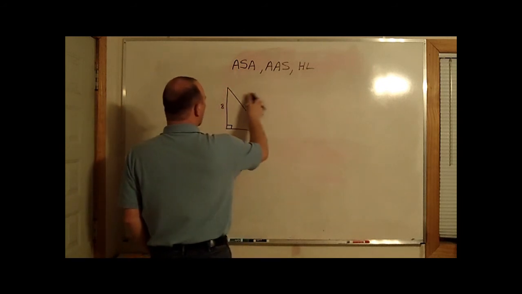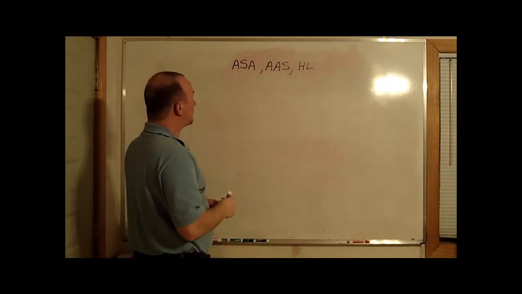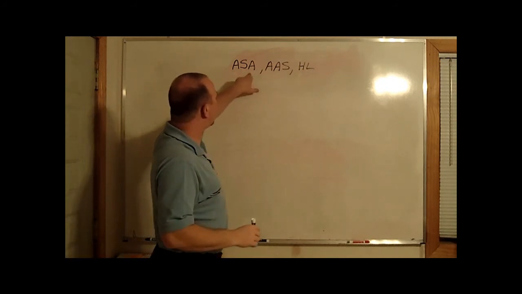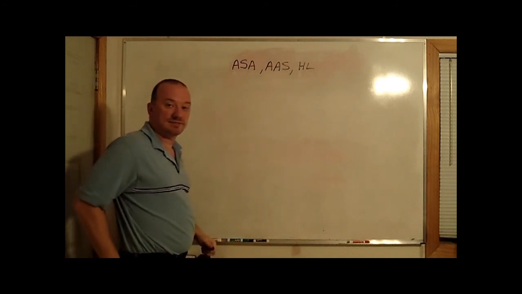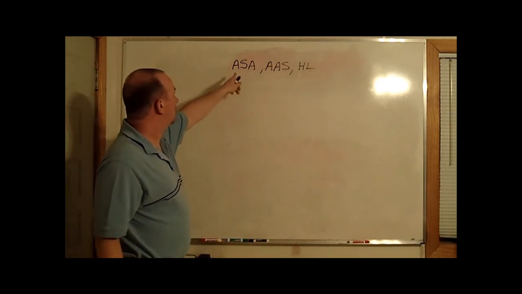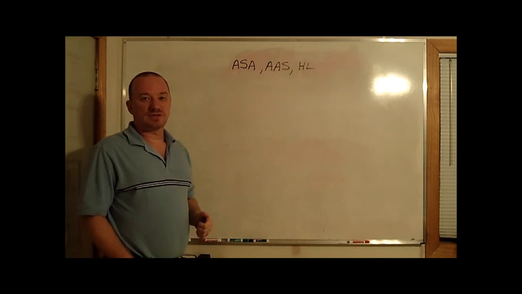So for any of these, make sure that it's in the right orientation, and make sure whether you're doing angle, side, angle; angle, angle, side; or hypotenuse, leg. Those are all the remaining three of the triangle congruencies.